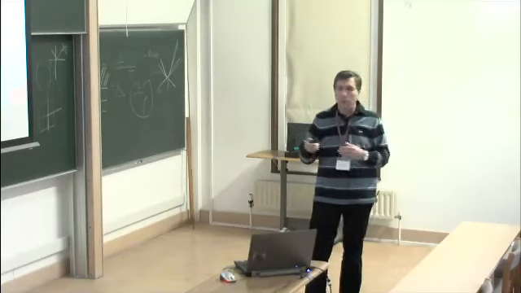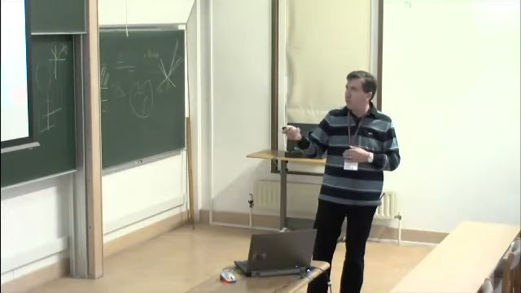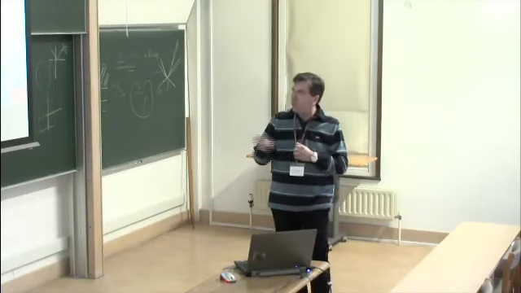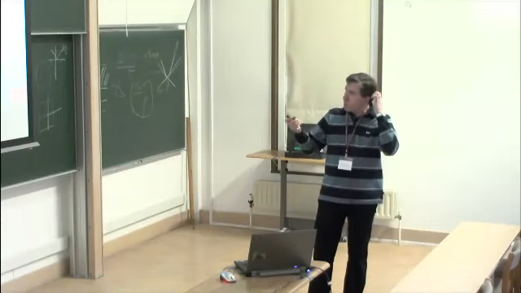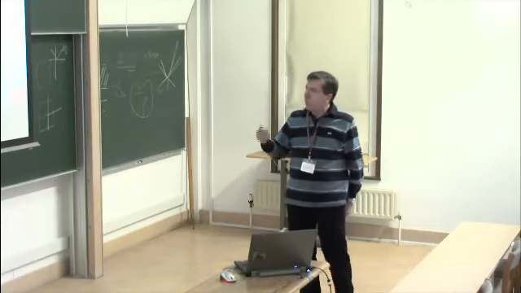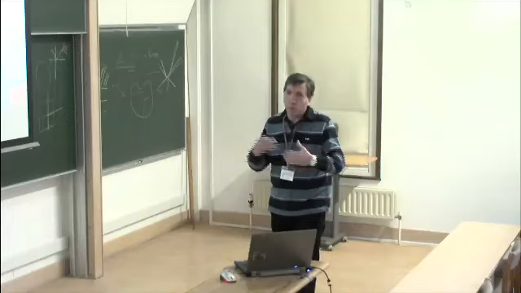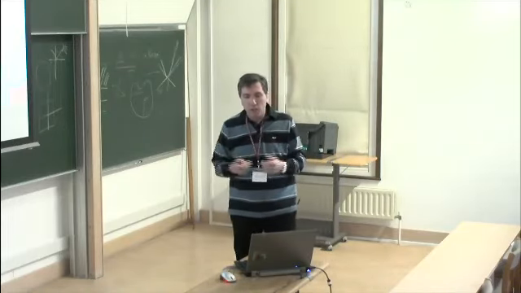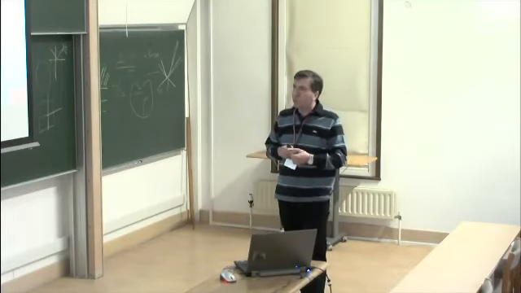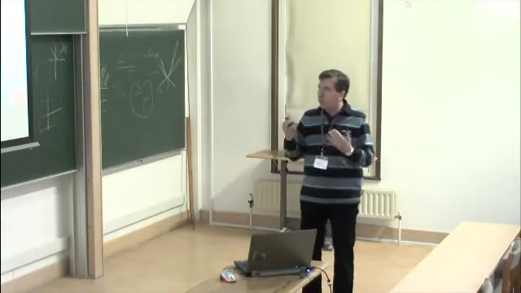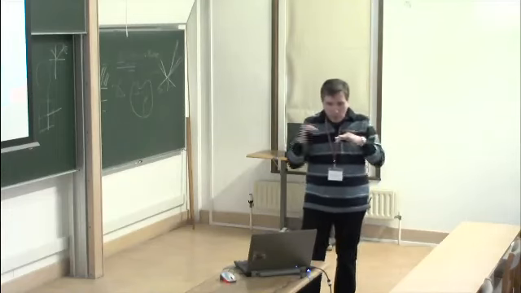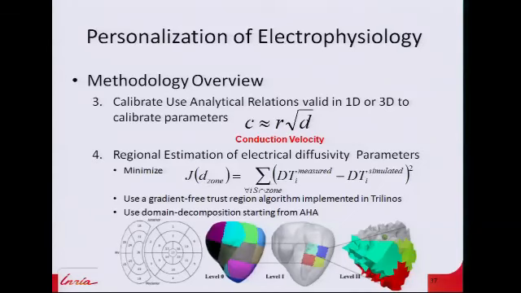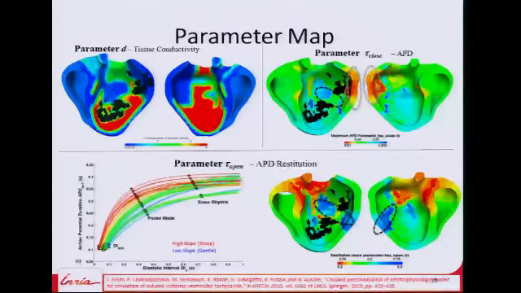So you don't need to estimate directly the derivative of this function with respect to each parameter. It's a trust region algorithm, with which we are able to converge. It requires several forward simulations, but in a reasonable amount of time we are able to estimate the diffusivity parameters. We also have a strategy to divide the different regions where the diffusivity coefficients are defined.